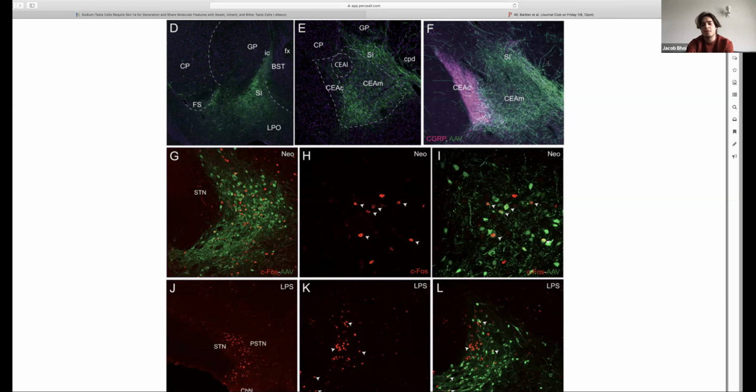Yeah, and I think in the rat there was a lot of overlap, if you see in figure D. So this would be looking at projections that originate from the PSTN, right? Yes. And the projections from the PSTN seem to, in F at least, or E and F, you see that a lot of it is in the central amygdala M, right?